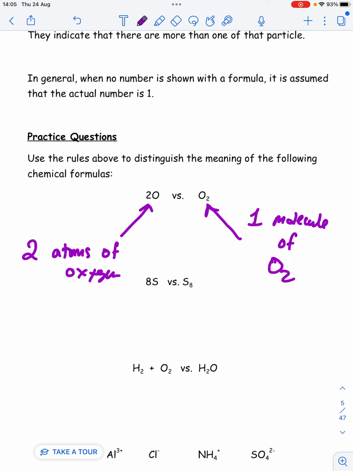So if the number is little, if it's a subscript, that implies something about bonding, that things are bonded together. If something is in front, it's just telling you about how many of that thing there are. Okay, so again, 8 atoms of sulfur versus 1 molecule that has 8 sulfur atoms in it, all bonded together.